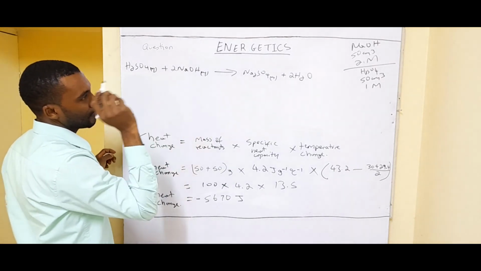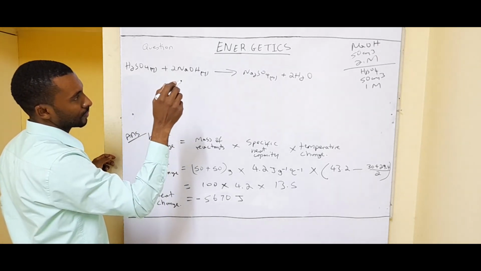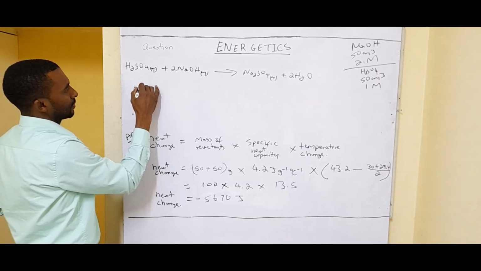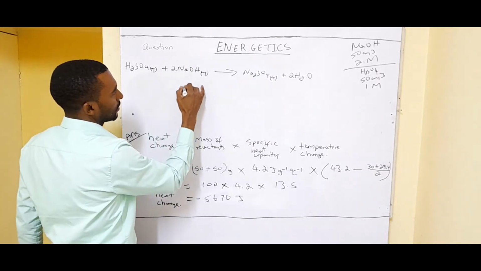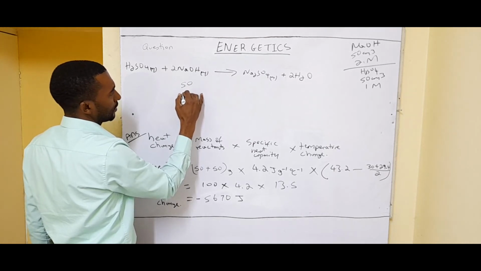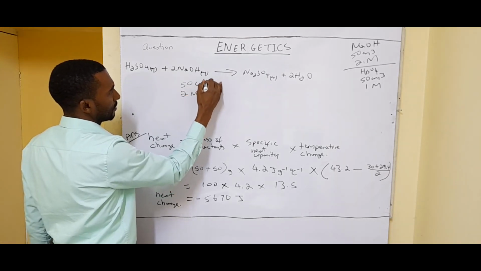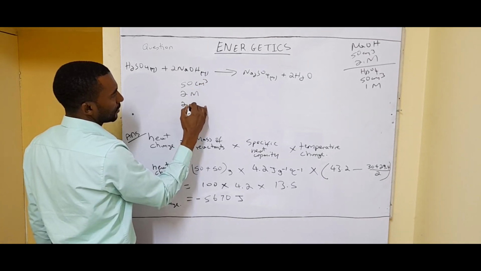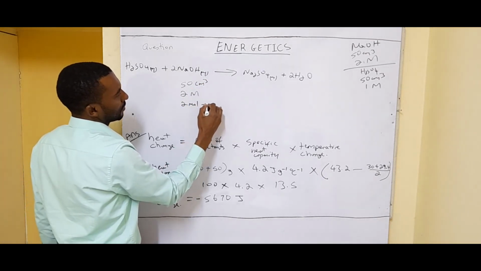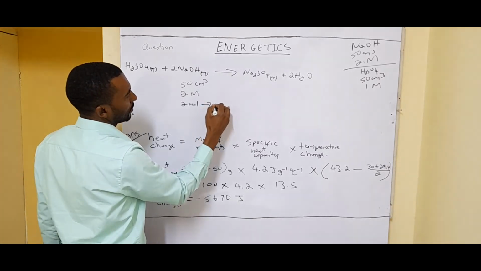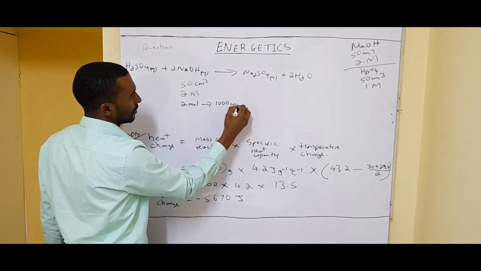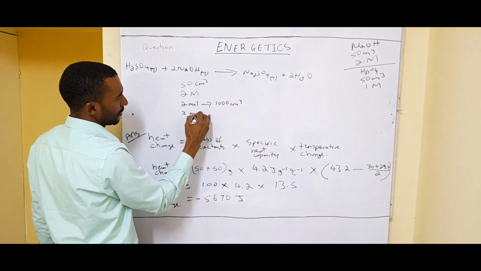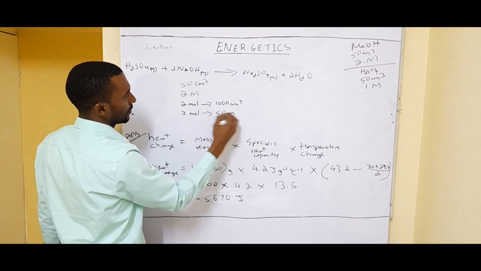Now, if we calculate the number of moles of sodium hydroxide, this is 50 cm cube, 2 molar. So 2 moles in 1000 cm cube, x moles in 50 cm cube.